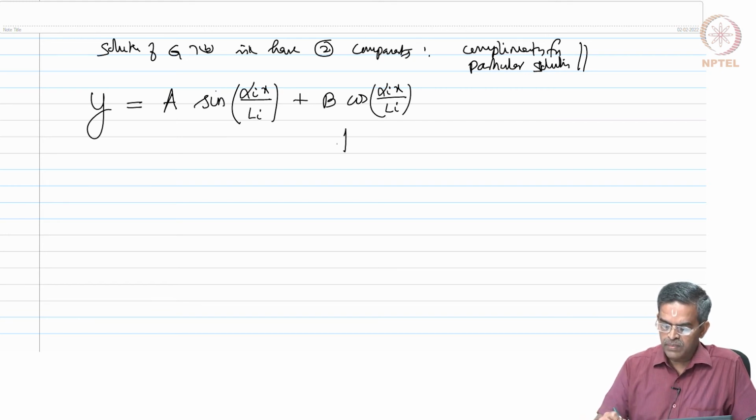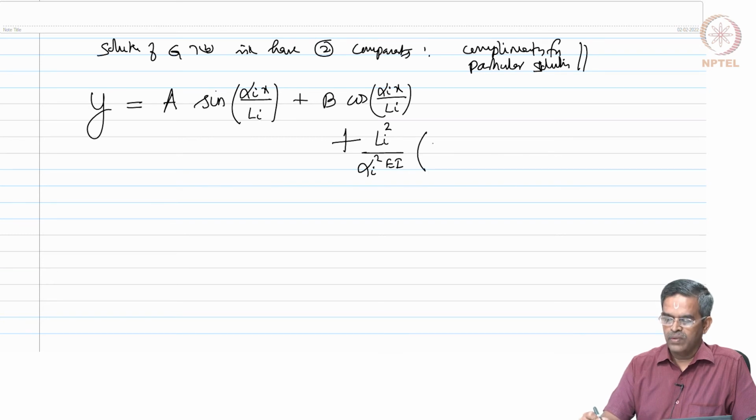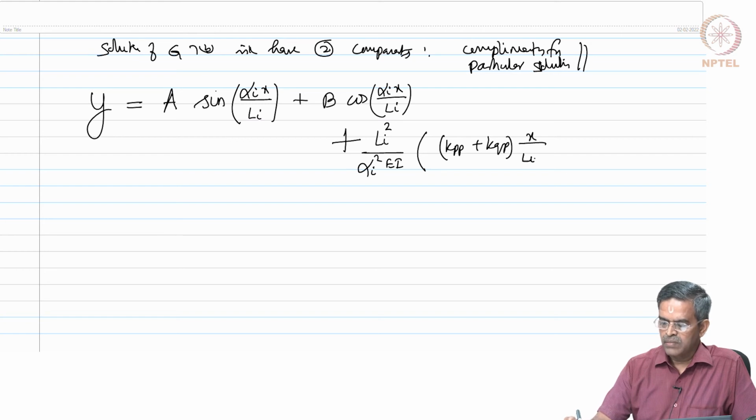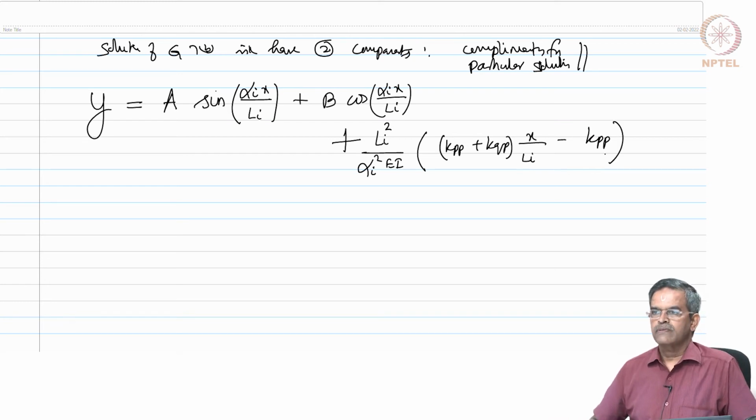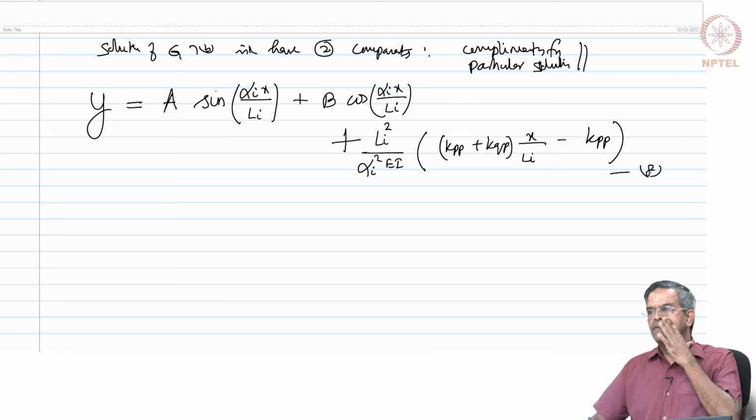Then the particular solution comes, plus Li square by alpha I square Ei of kpp plus kqp into x by Li minus kpp. We will call this equation number 8. This is a standard solution which can be easily understood from ordinary differential equation textbooks.